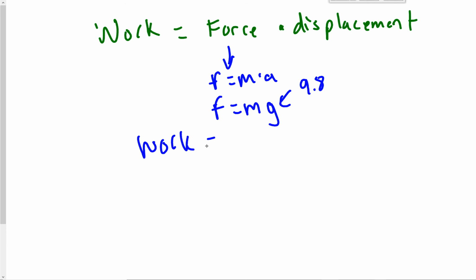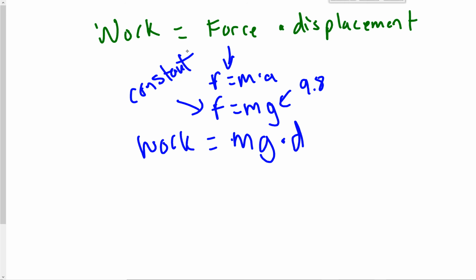All it is is work, mass times our acceleration due to gravity times our distance, whatever that is, as long as our force constant stays the same. Then work is pretty easy to find. You just have to multiply it by your displacement or your distance.